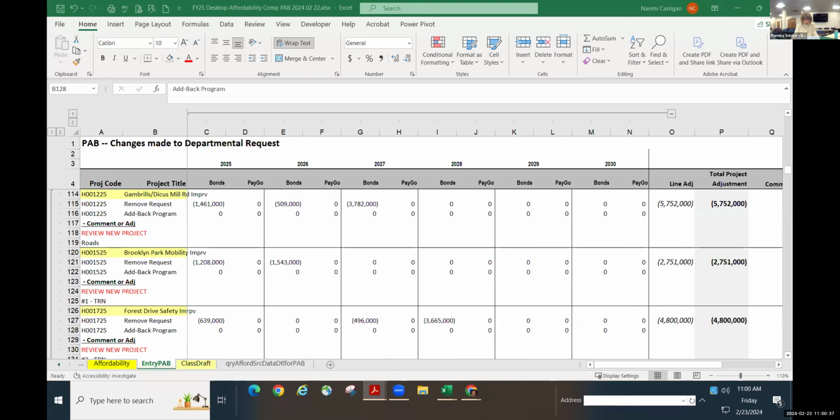Wasn't Marley Neck new? No, it was new last year. We had design funding approved last year. Okay, so this is just an increase in the design, and then you're looking for construction in 27. It went down a little bit, which is good. That's just for a phase 1, yes. Okay.